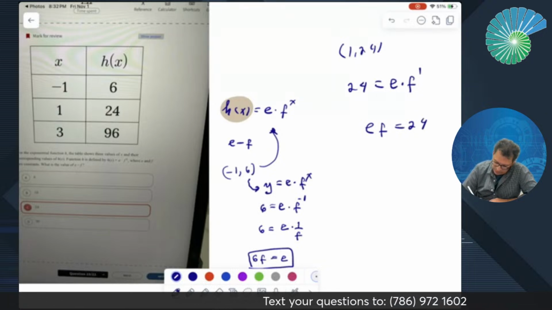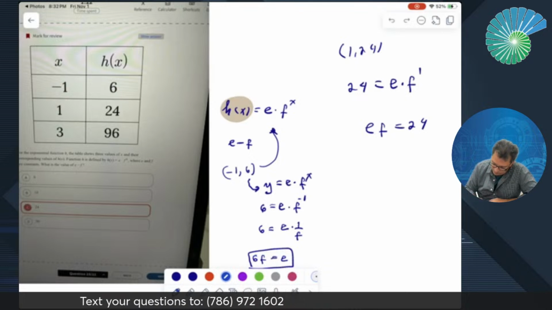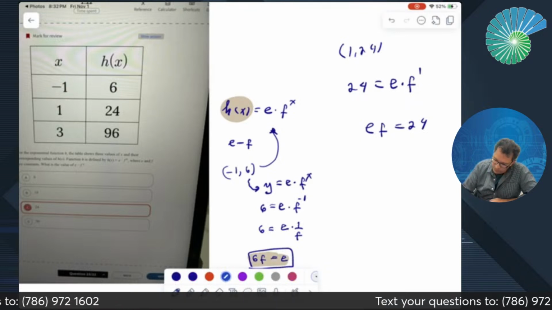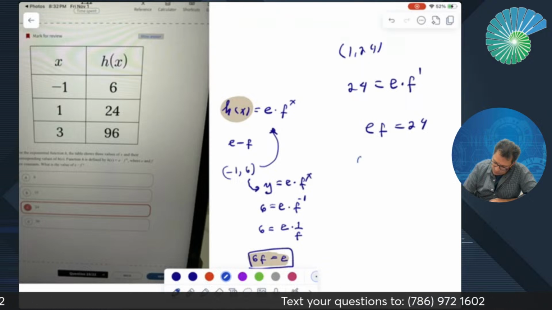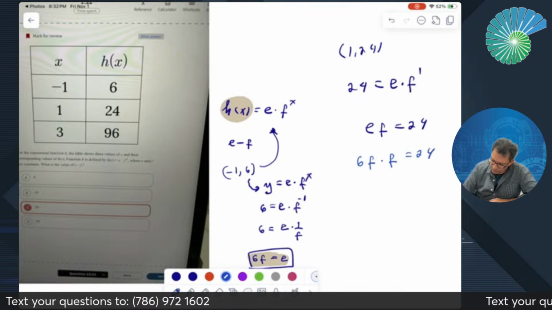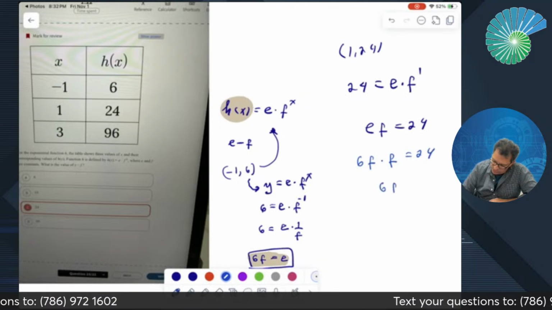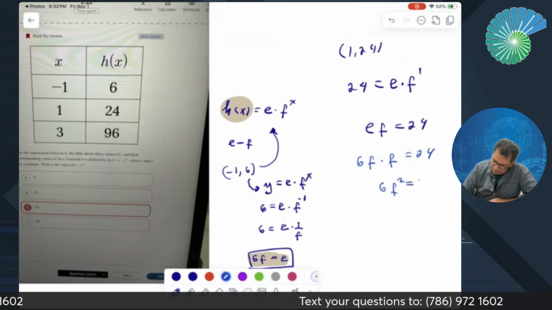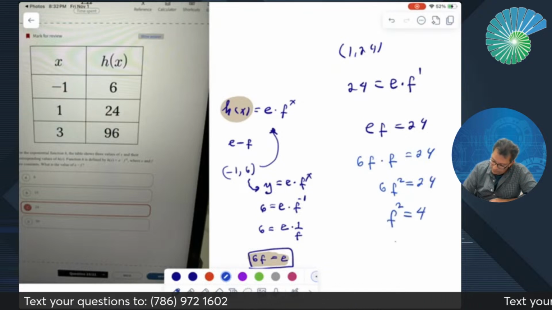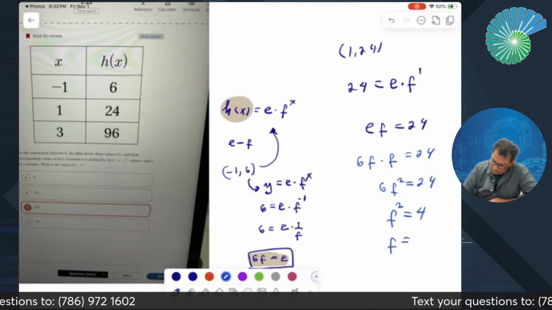But from here, I know that E is 6F. So I put 6F times F is 24. So 6F squared is 24. F squared is 4. F is 2.